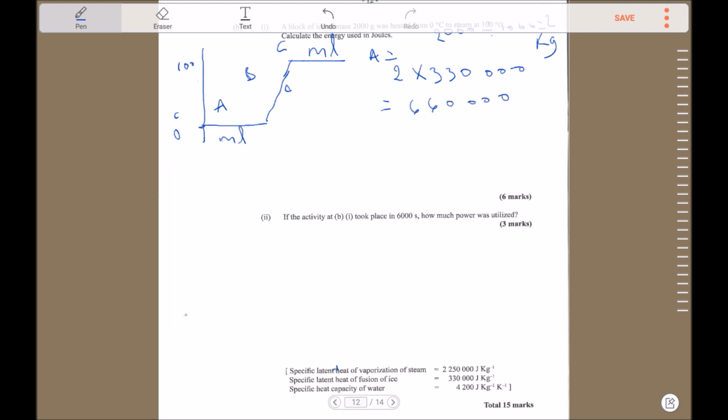So that's part A. Part B, EH equals MC delta temperature. So the mass is 2, specific heat capacity 4,200, and our change in temperature is 100. So that gives us 820,000. Now for part C, our mass is the same, 2 kilograms, and our latent heat of vaporization is 225,000.